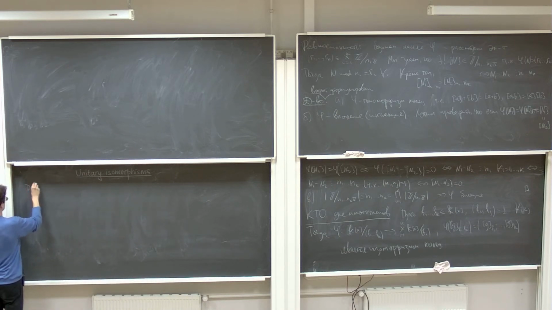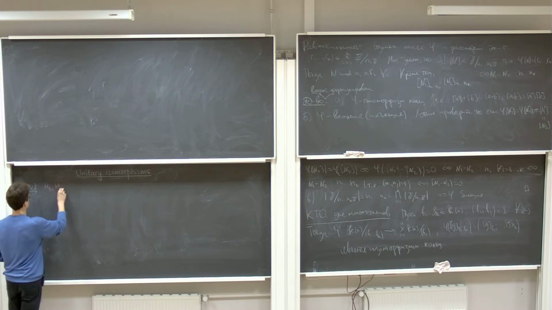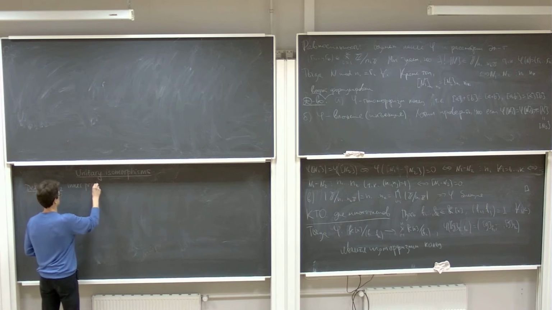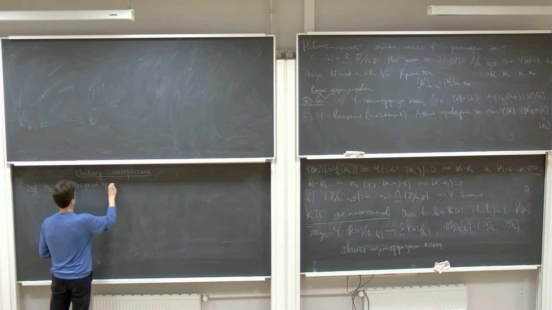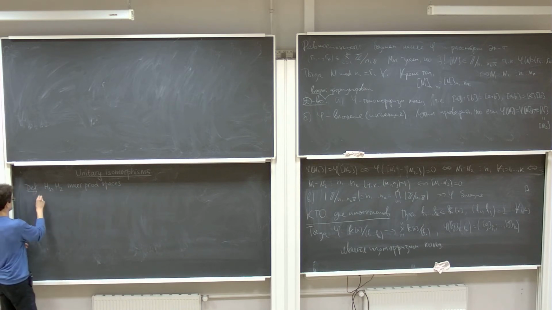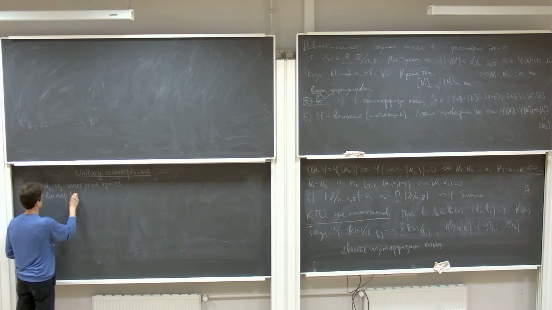So suppose we have two inner product spaces, H1 and H2, and suppose we have a linear map E.